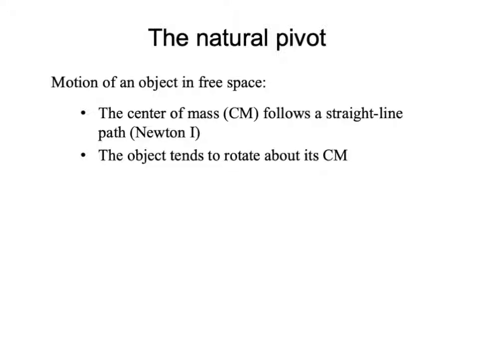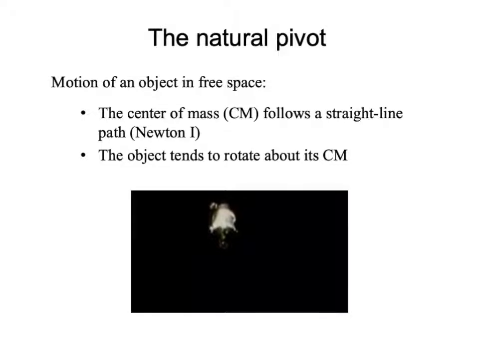So we can imagine a spaceship out in free space, and that spaceship will be rotating perhaps, rotating about its center of mass. So here's a real example of that. This is actually the command and service module of the Apollo 14 mission as photographed from the lunar module, which accounts for the slight shakiness of the video.